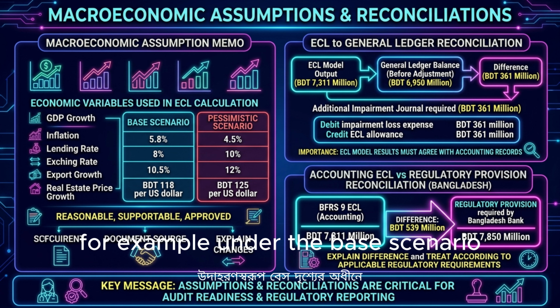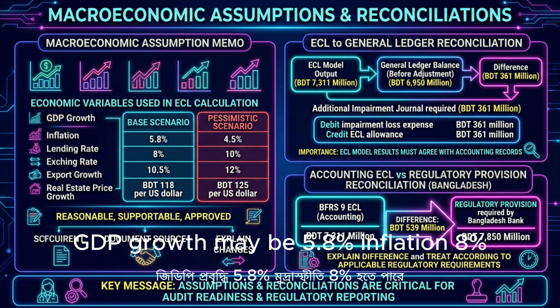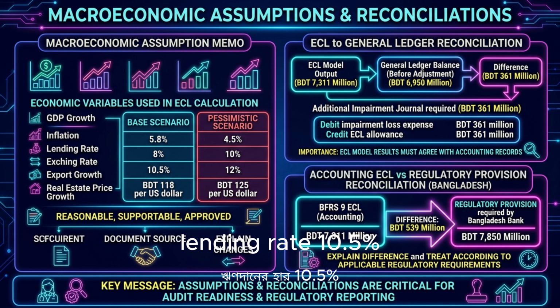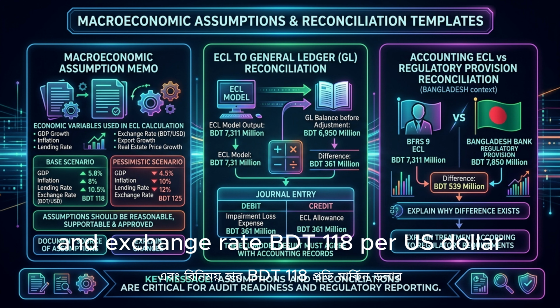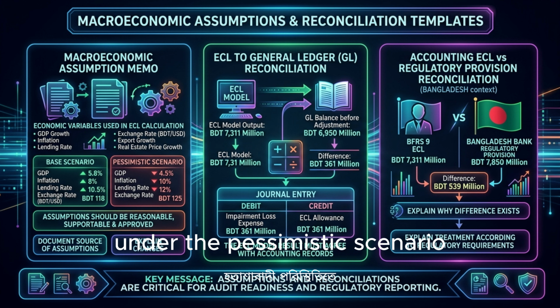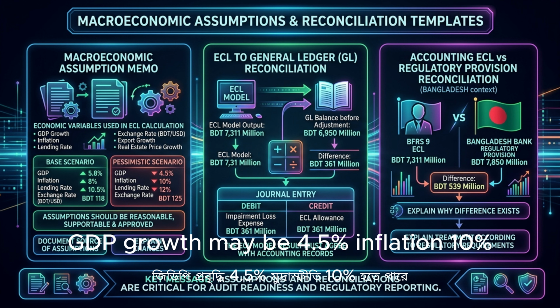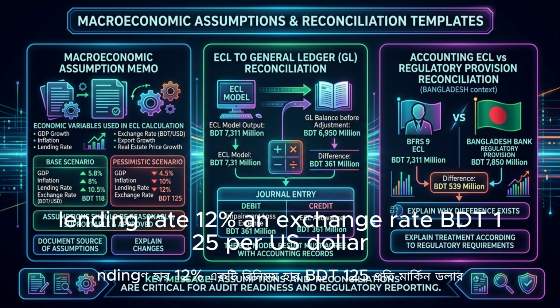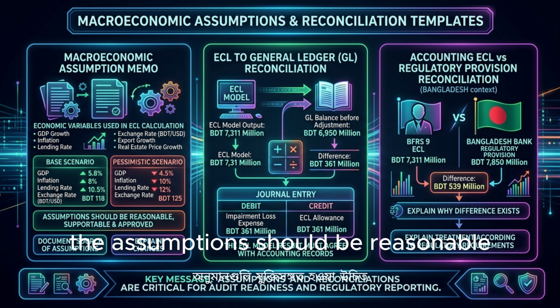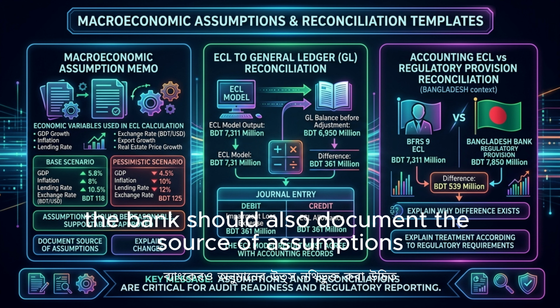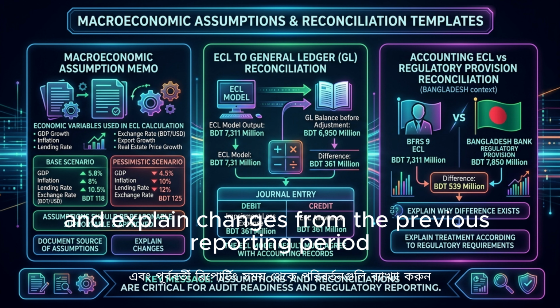For example, under the base scenario, GDP growth may be 5.8%, inflation 8%, lending rate 10.5%, and exchange rate BDT 118 per US dollar. Under the pessimistic scenario, GDP growth may be 4.5%, inflation 10%, lending rate 12%, and exchange rate BDT 125 per US dollar. The assumptions should be reasonable, supportable, and approved. The bank should also document the source of assumptions and explain changes from the previous reporting period.